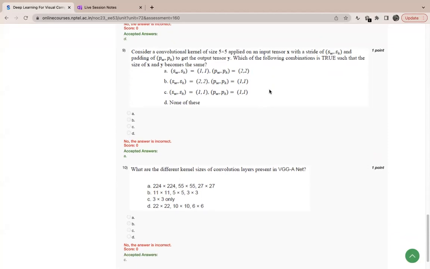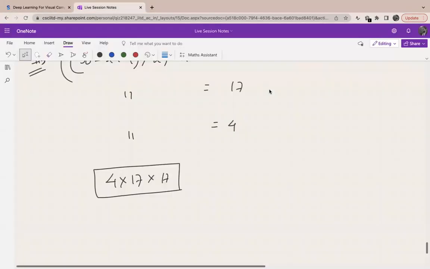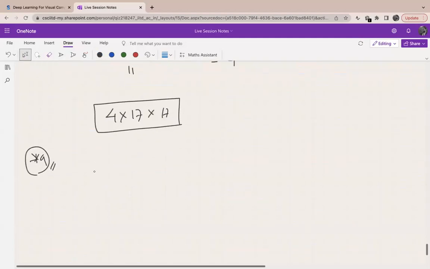Okay, so let's just solve this. Question number 9. I have my input tensor X and I am applying a filter of size 5, adding a padding of size PW.